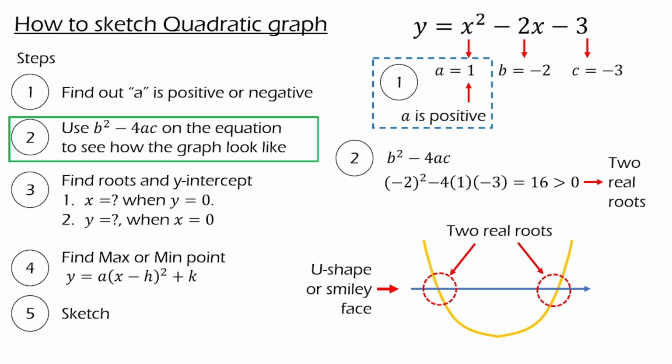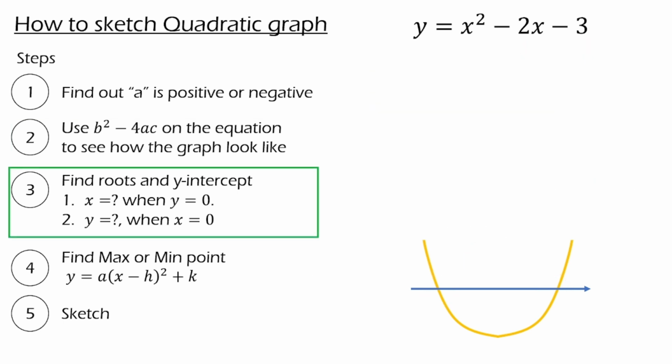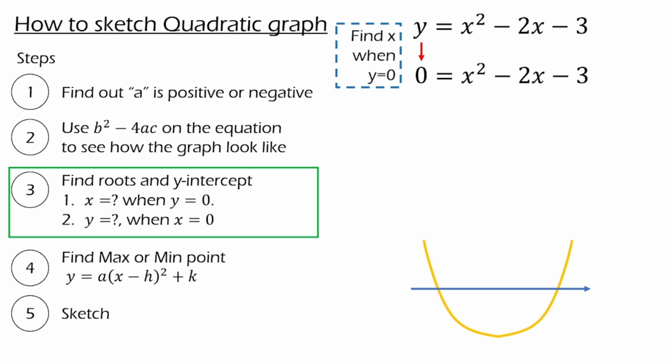Let's move to the third step, which is finding the roots and y-intercept. What we are going to do now is let our y equal 0. We are going to find our x-coordinate when our y is equal to 0.